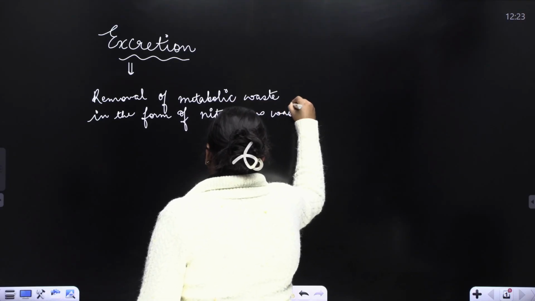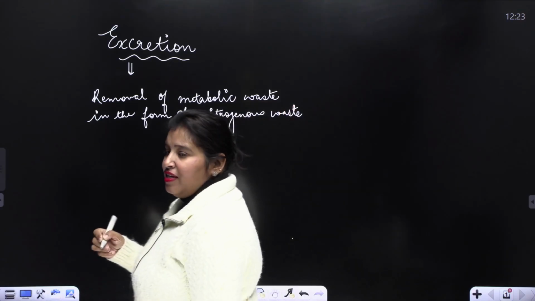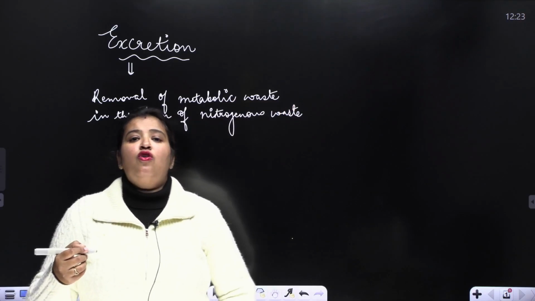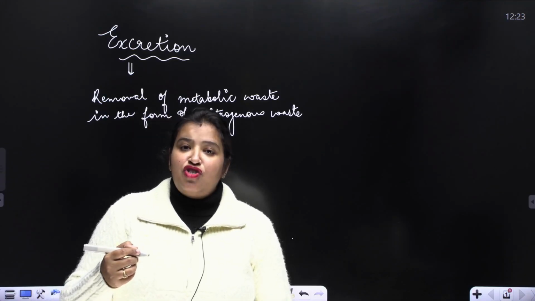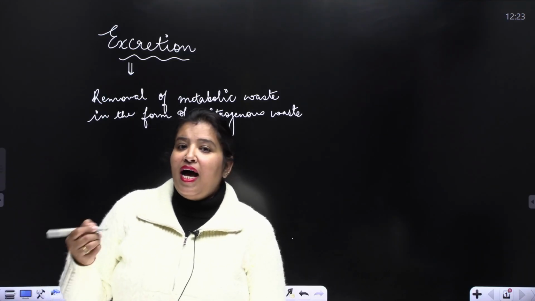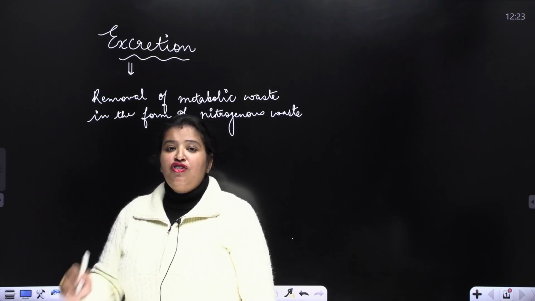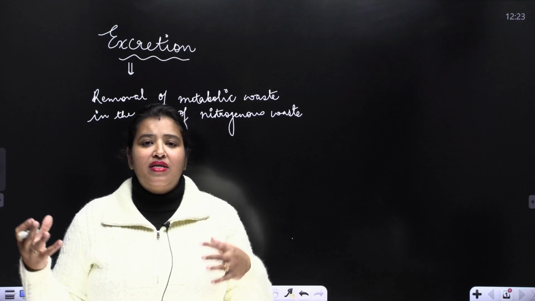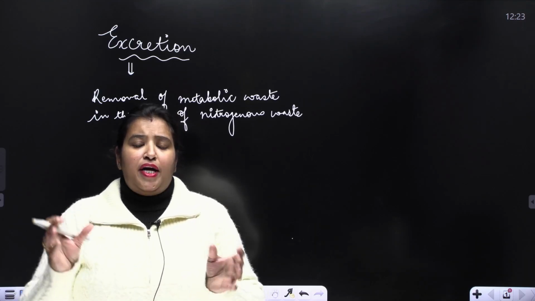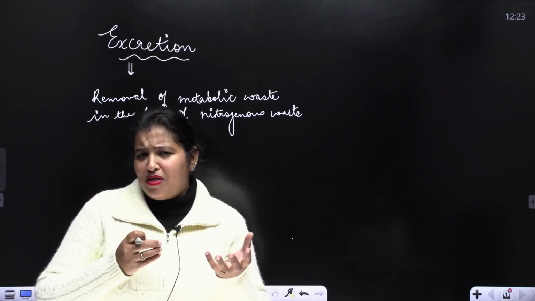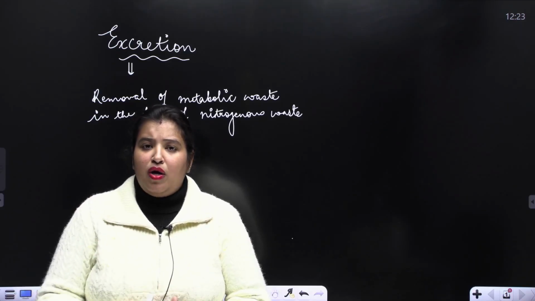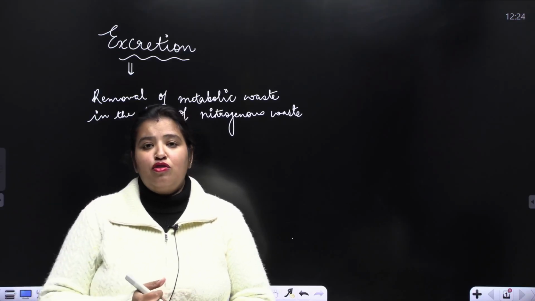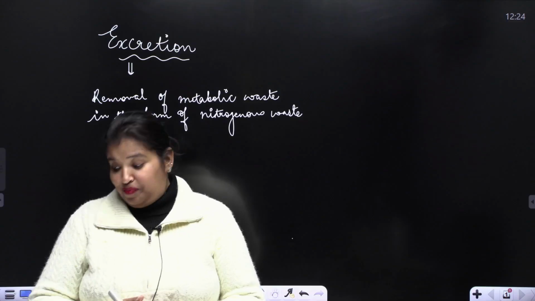All right. But when we say egestion, that is removal of semi-solid waste. So egestion is a part of nutrition, and excretion is a complete life process where all the metabolic waste are ultimately converted into one nitrogenous form and some other salts and extra water, and that is removed by this process of excretion. All right.